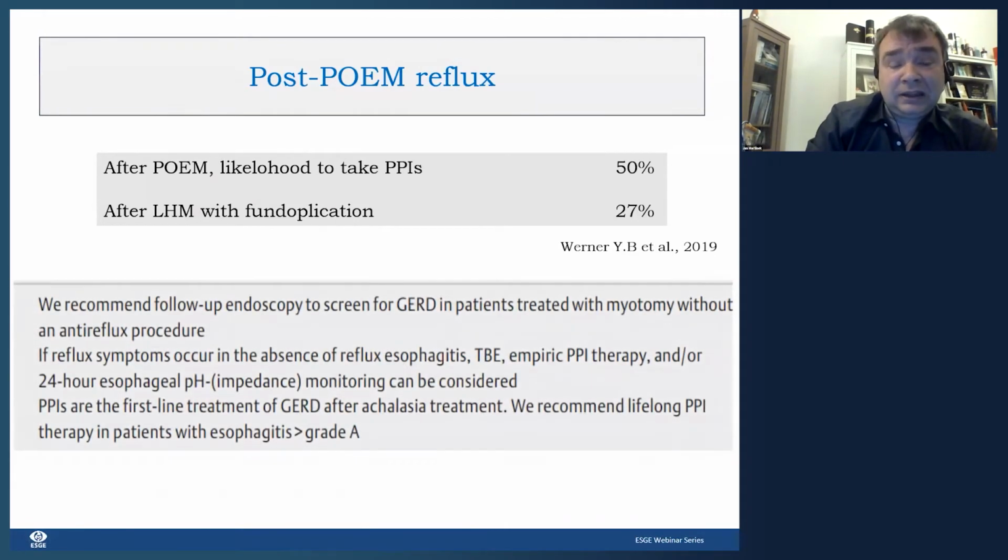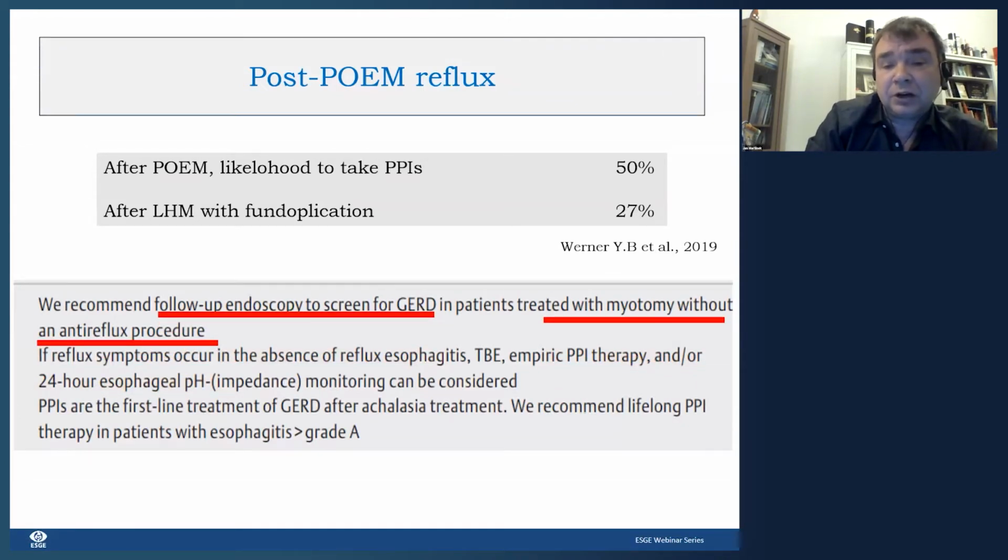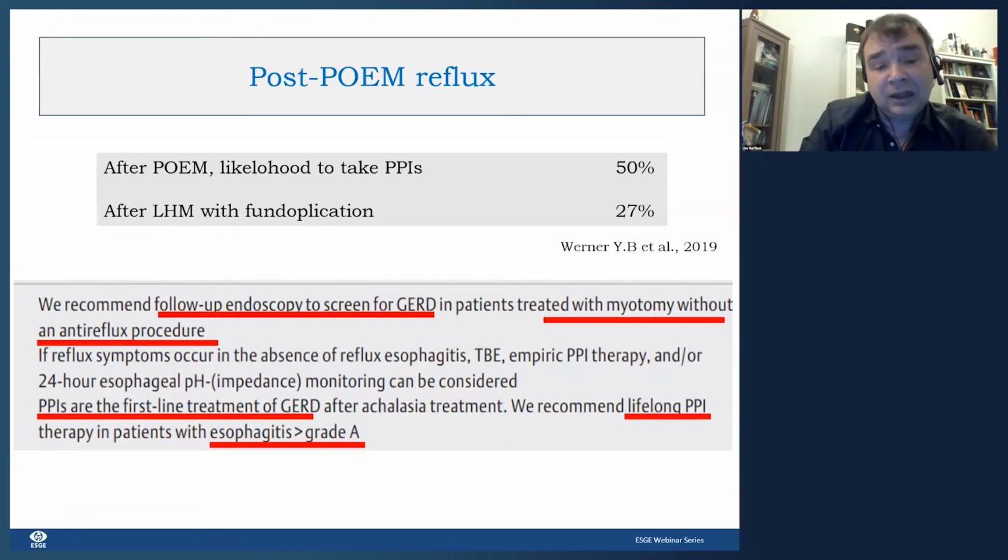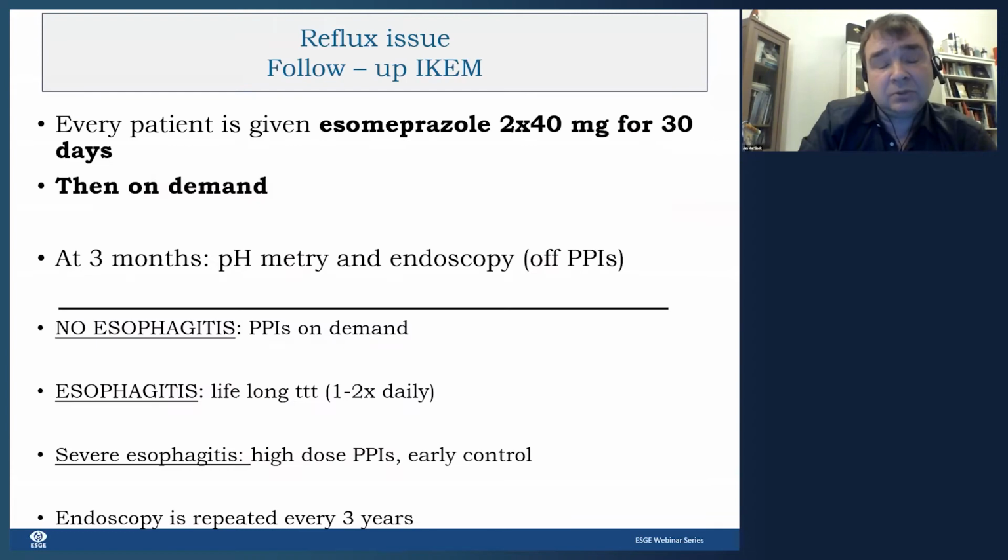The guidelines recommend that follow-up endoscopy to screen for GERD should be performed in all patients treated with myotomy without an anti-reflux procedure. Proton pump inhibitors are the first-line treatment for GERD in patients who underwent POEM. And patients with esophagitis more severe than grade A should get long-term therapy.